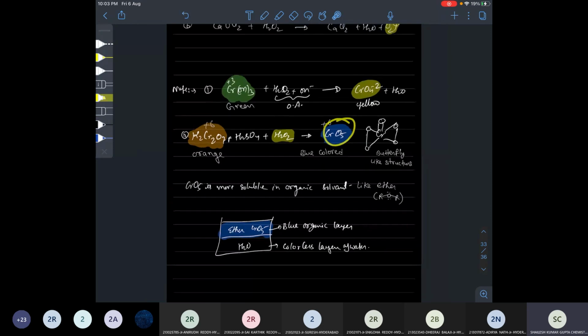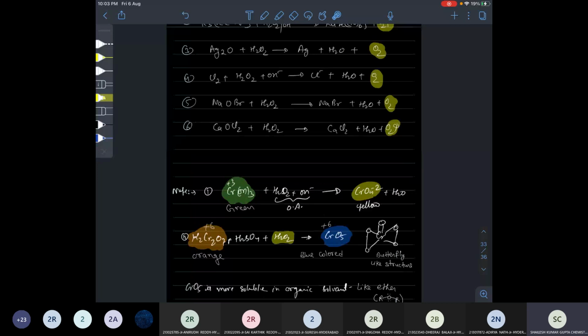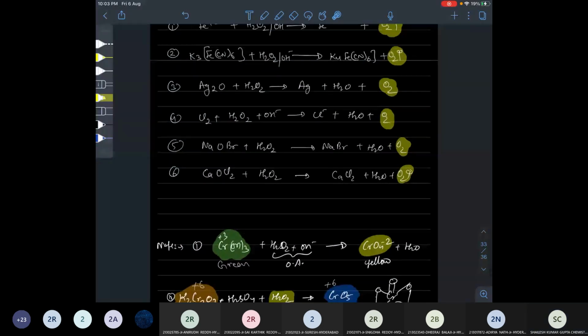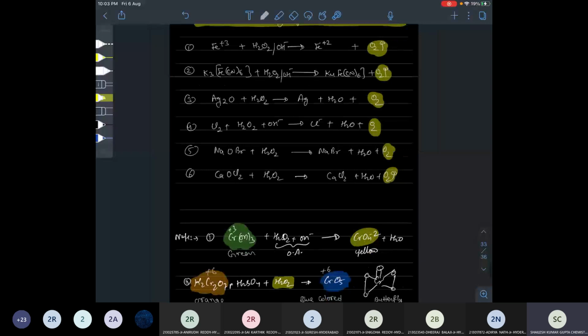Interestingly, these things are related with the practicals, but unfortunately, we are supposed to read them as if a theoretical thing is there. Right? So from +1 to 0 state, we are getting, right? So reduction from 0 state to -1, we are going.